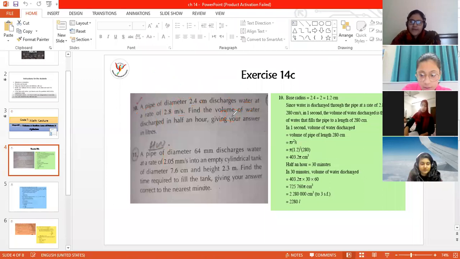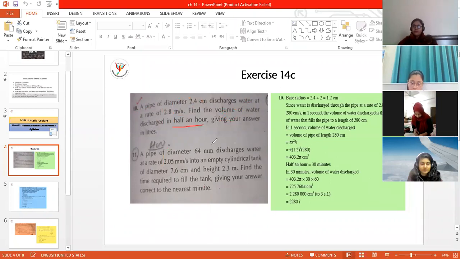Find the volume of water discharged in half an hour. We have to find the volume of the pipe. Whatever the volume of the pipe, the volume of the water discharged is also the same. The volume of the pipe has the formula pi r square h.